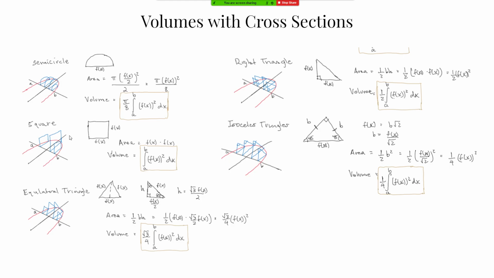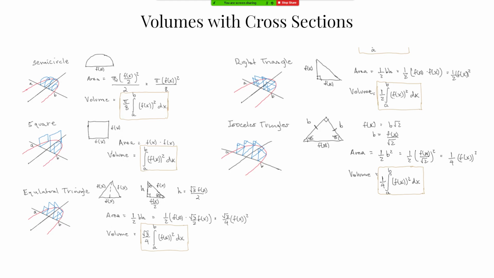For squares, the area is different. Instead of pi over 8 f of x squared, it's just f of x squared, and it's the same thing. What part are you confused on? How'd you get from pi over 2 to pi over 8 for the semicircle?